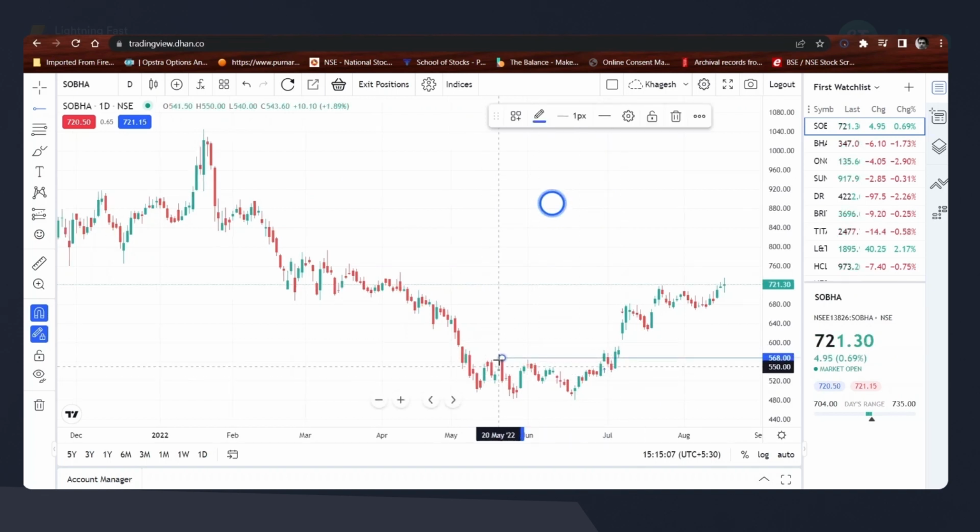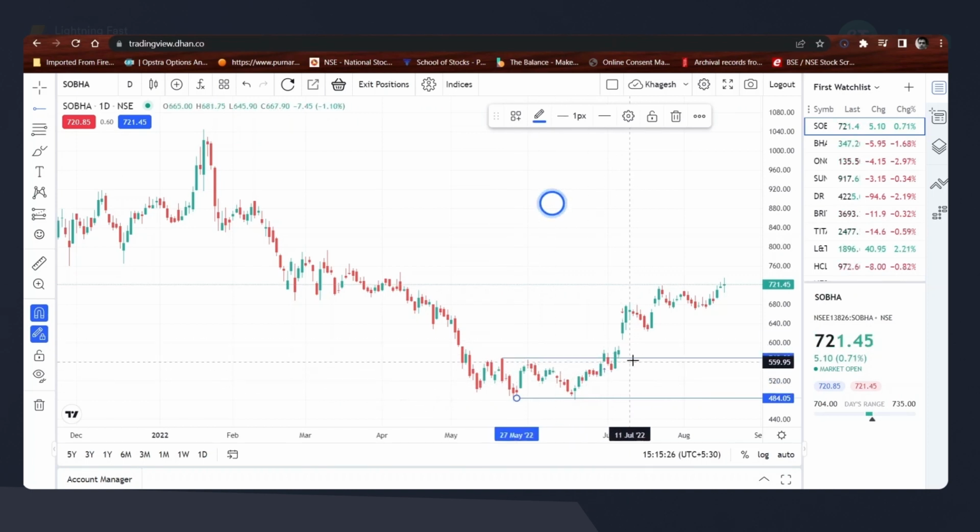It is unable to cross that level and again coming down, unable to cross that level, again coming down. And on the support side, the stock is taking a support at 480, 490 levels, because below that the stock is not able to sustain. So this is what my support and resistance levels look like.